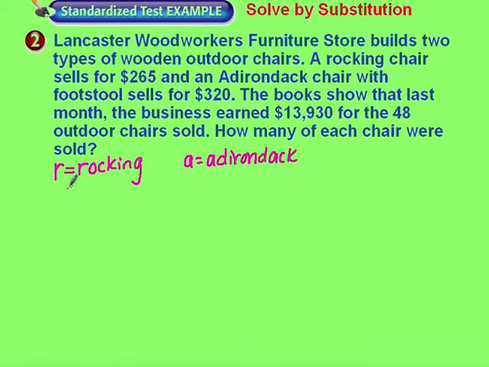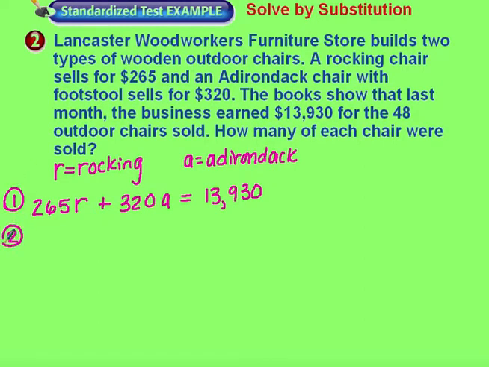If every rocking chair was $265, that's 265R, and each Adirondack chair was $320, that's 320A, equal to a total of $13,930. Remember I need two equations, so my second equation is built off the fact that 48 total chairs were sold. That means the number of rocking chairs plus the number of Adirondack chairs is going to equal 48.